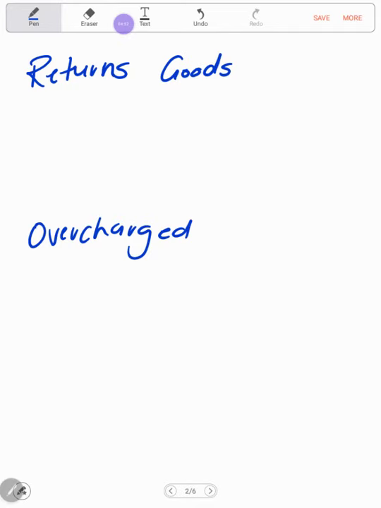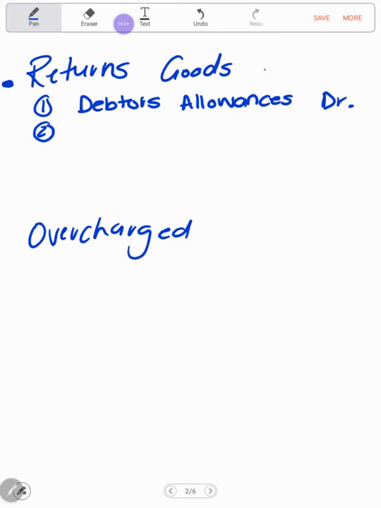Let's first look at the first one. What will happen when a debtor returns goods? Debtors allowances will be debited. Why is this going to be debited? Because it is an expense. And what do I do with expenses? I debit expenses. What is going to be your account credit? Debtors control.